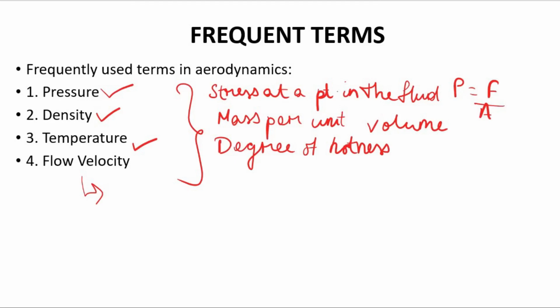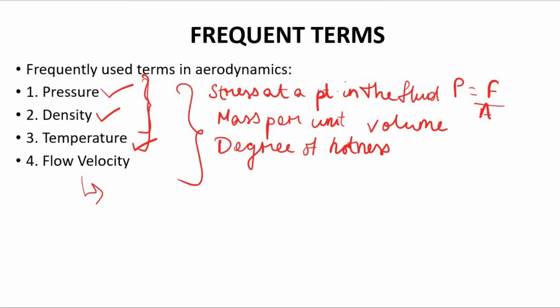For example, an aircraft flying from the southern region to the northern region will again find a difference in temperature, and not only temperature but these two quantities as well, that is pressure and density. The change in these parameters is the prime reason we use them frequently when we are studying aerodynamics.